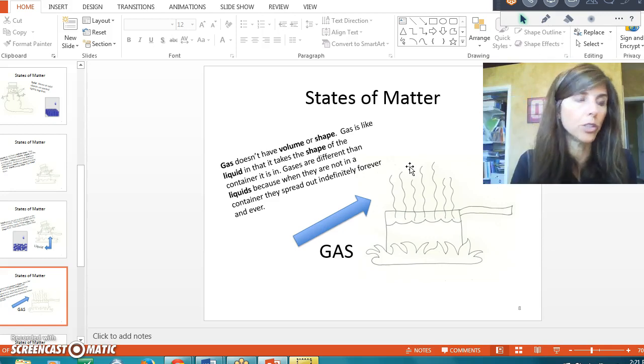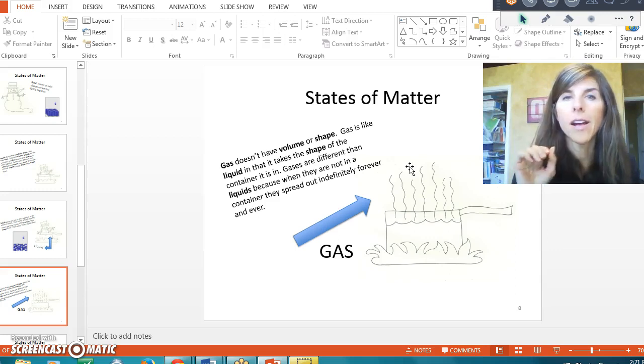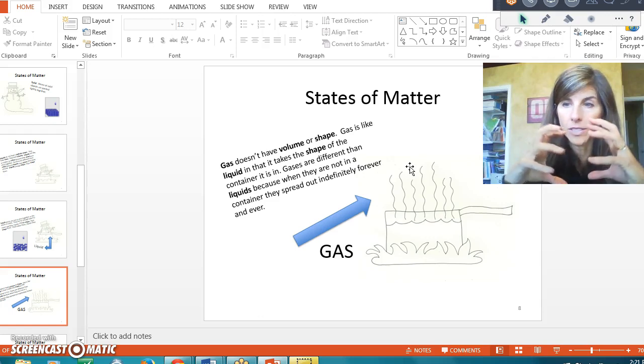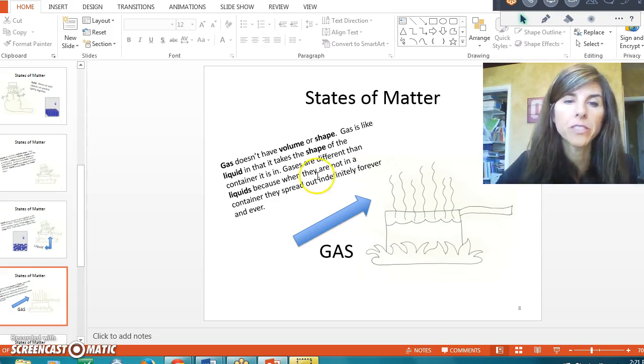If you see a balloon, what's inside of it? It's gas, it's your air. The balloon blows up because there is air in there, and it takes the shape of its container. Gases are different than liquids because when they are not in a container, they spread out indefinitely, forever and ever. So gas is all around you.